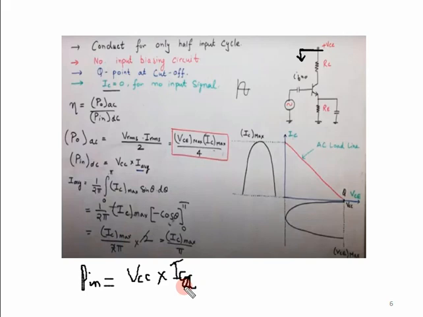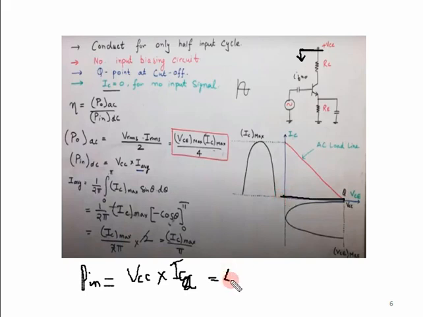So over here, if I put the values, remember, if you see IC at the Q point, what is the value of this IC? This is basically 0, so theoretically this is equal to 0.